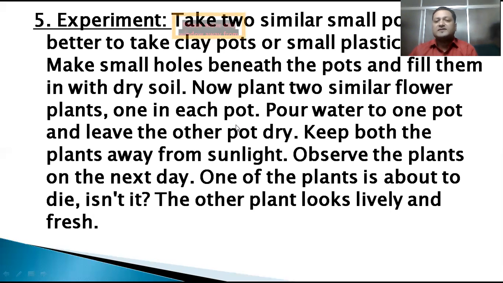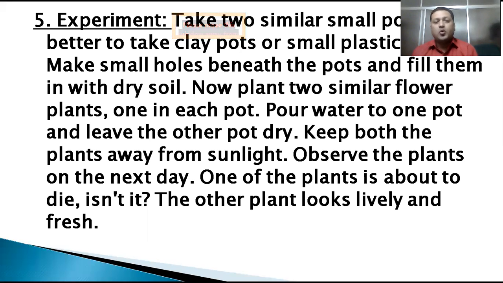Now, plant two similar flower plants, one in each pot. Pour water in one pot and leave the other pot dry. Keep both the plants away from sunlight. Observe the plants on the next day. One of the plants is about to die, isn't it? The other plant looks lively and fresh.